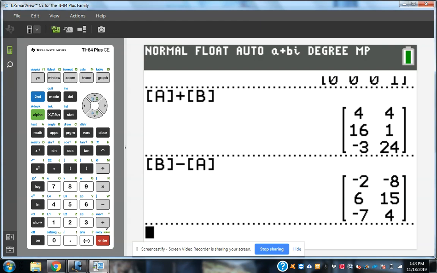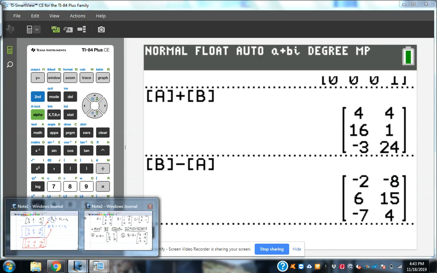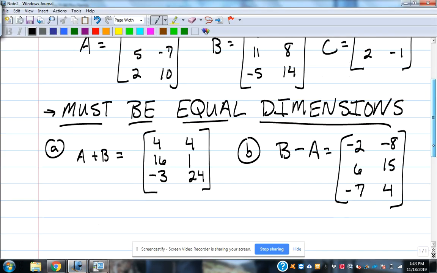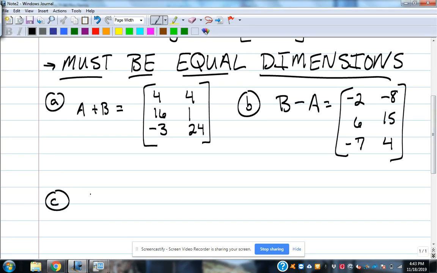The reason that I can add and subtract those is they are the same dimensions. They have the same number of rows and the same number of columns. If they do not have the same number of rows and columns, for example A plus C, it's called undefined.